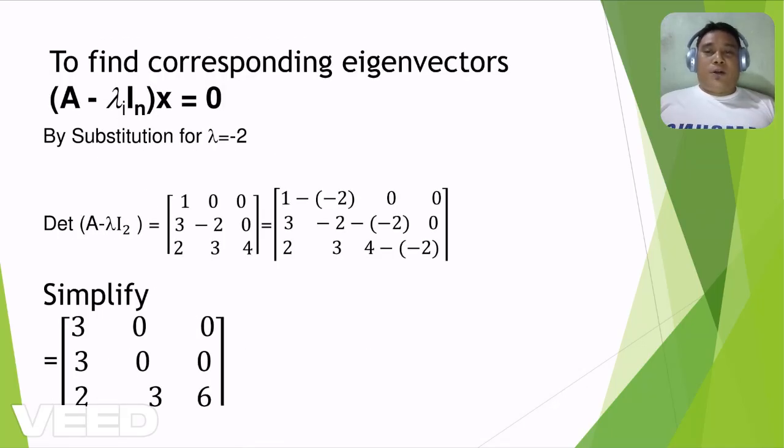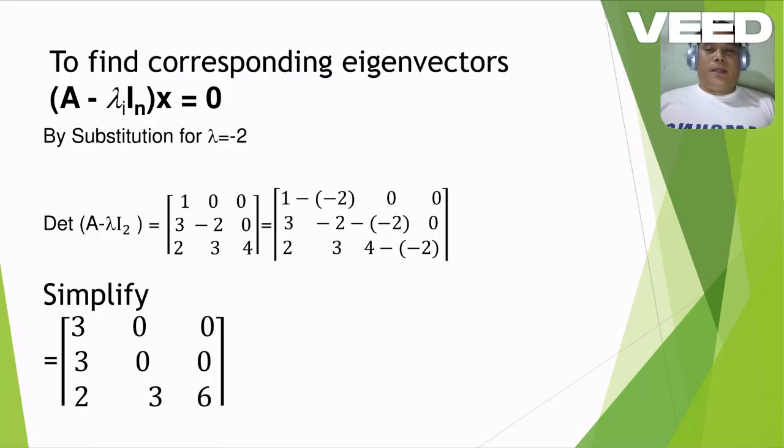Next is for lambda negative 2. Again, in our original matrix, we subtract lambda diagonally: 1 minus negative 2, 0, 0; 3, negative 2 minus negative 2, 0; 2, 3, 4 minus negative 2.